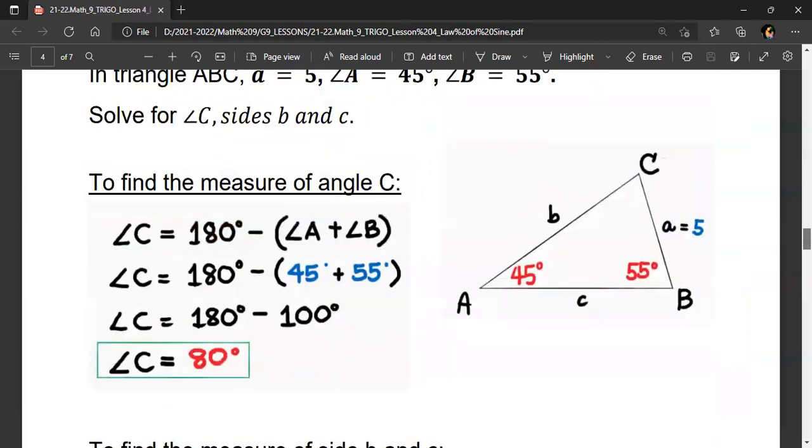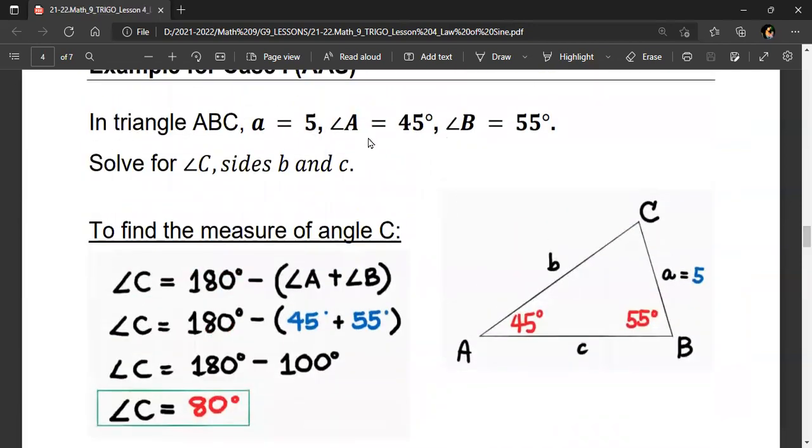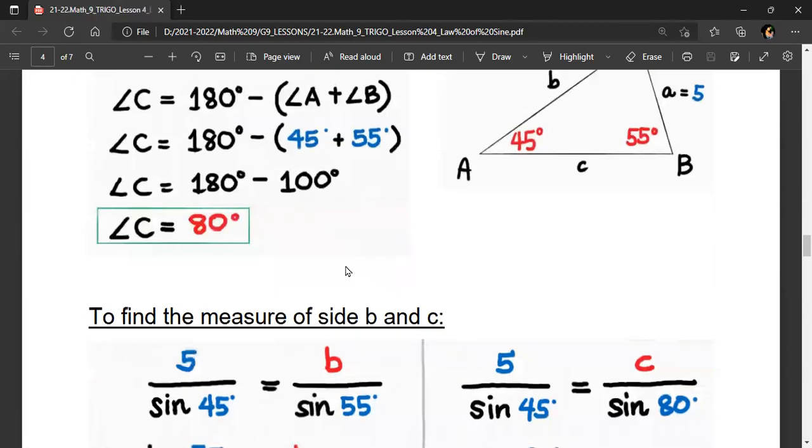We have a given side A and also two angles. The remaining are angle C and sides B and C. To compute either B or C, since we already have angle C, we could use the sine law.